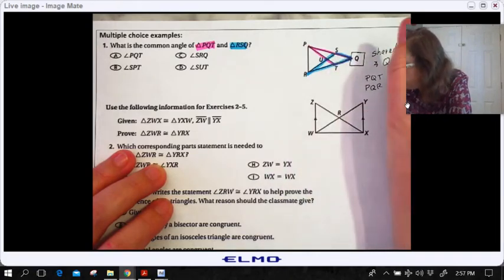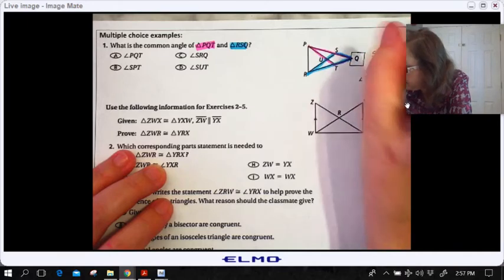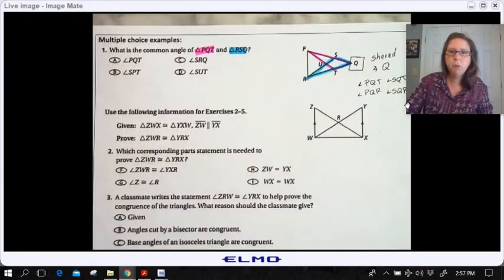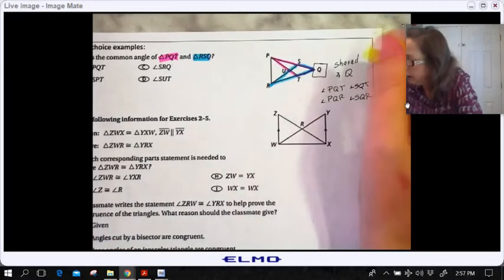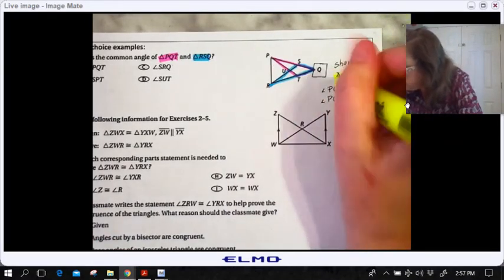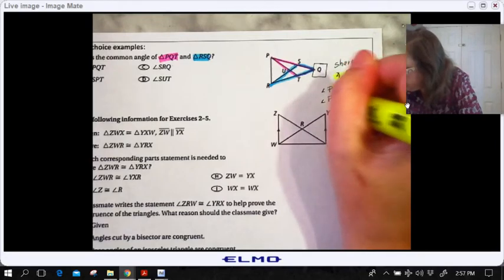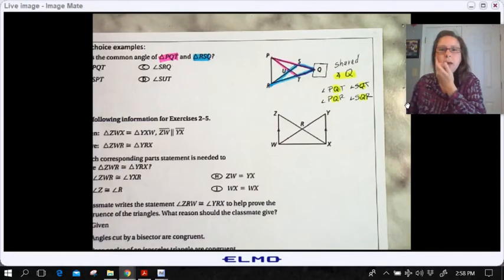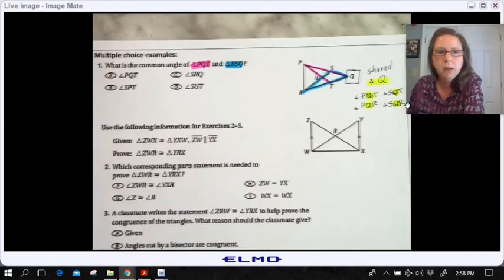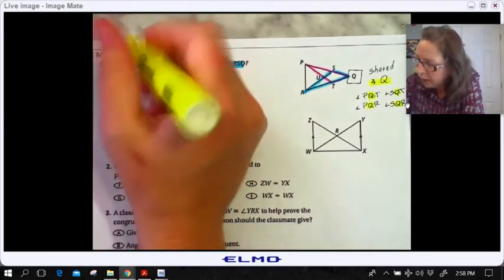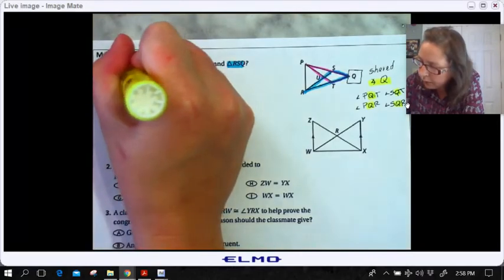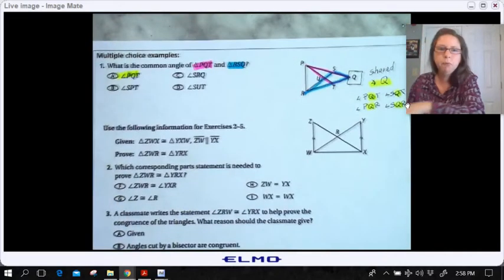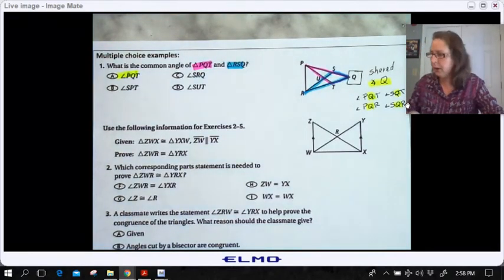But what do all of these have in common? Okay, so if I want to talk about just angle Q, the Q, however you label it, has to be in the middle. So we want to pick the answer choice that has the Q in the middle. And that's this one right here. Okay, option A has the Q in the middle.